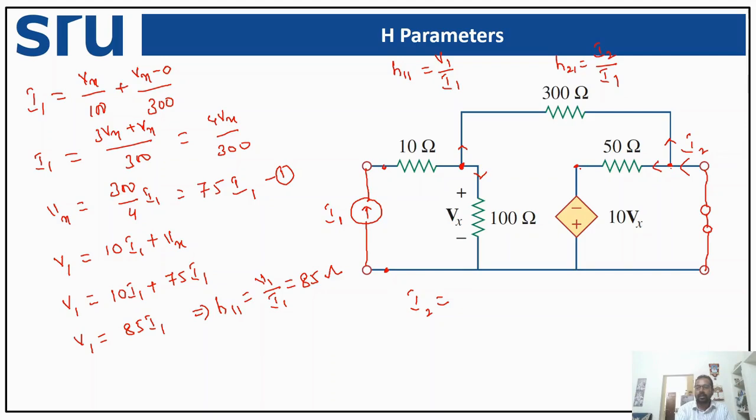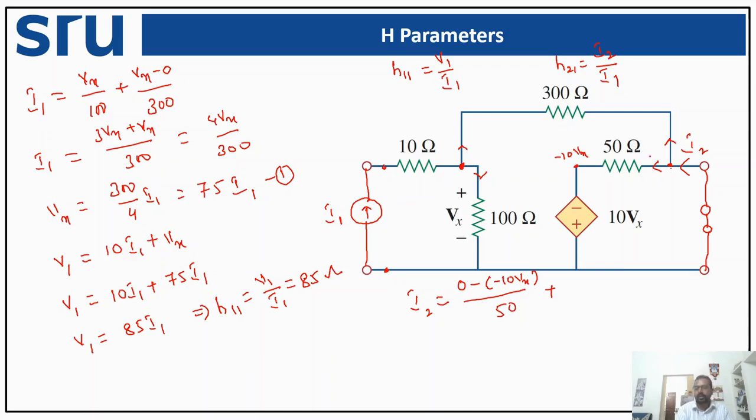Here what is the voltage? Here this is 0 means this will be minus 10 Vx. So 0 minus of minus 10 Vx divided by 50, plus what is the current flowing through 300 ohm? It is similar, the potential difference across this resistor divided by the value of it.